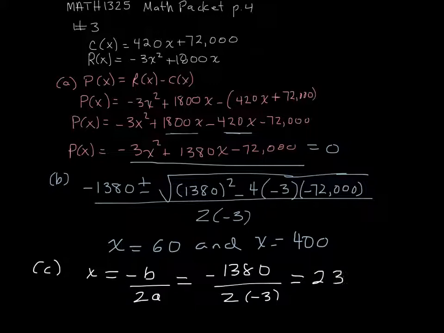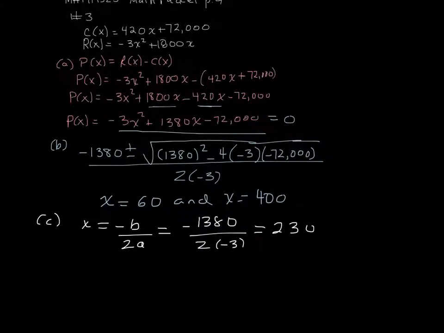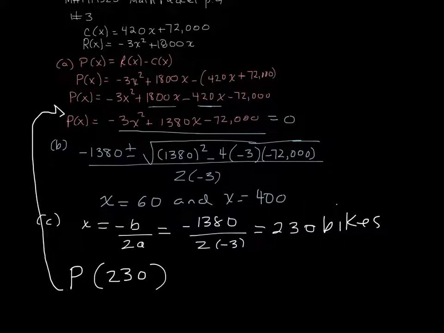And I get 230. So the 230 now, I would plug back into my profit, because it says find the number of bicycles, so this would be the number of bicycles. And then I plug this back into my profit equation, which is way up there. And if you plug that back into your profit equation, you should get 86,700.